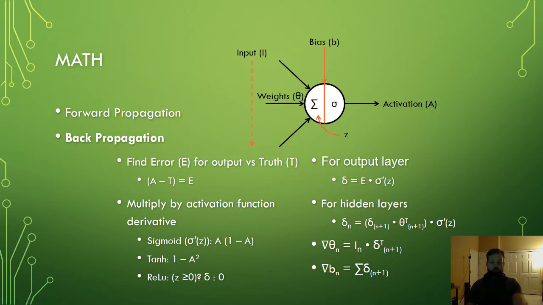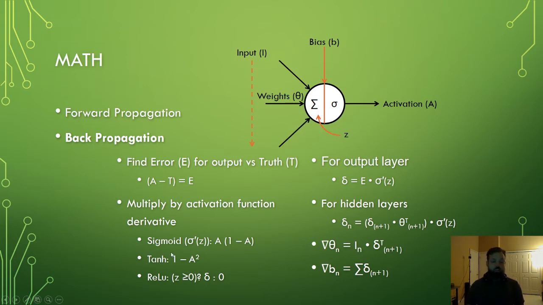In this case, I've provided the derivatives for the most common activation functions here, but if you're using something else, or you'd just like to find out more about how these work, all of these are easily Googleable. You can find them on Wolfram Alpha or discussions on Stack Overflow, a lot of different places online. So the derivative of the sigmoid activation function is going to be your activation multiplied by 1 minus your activation.